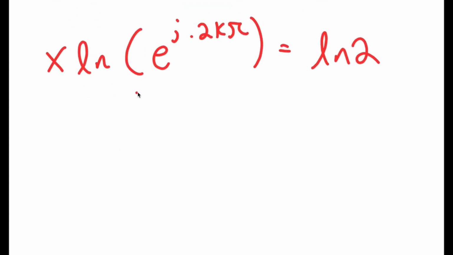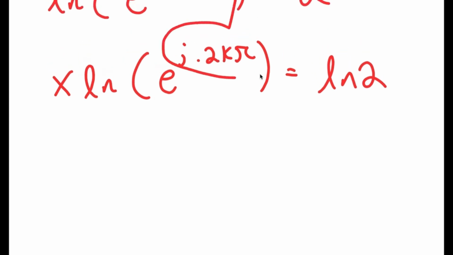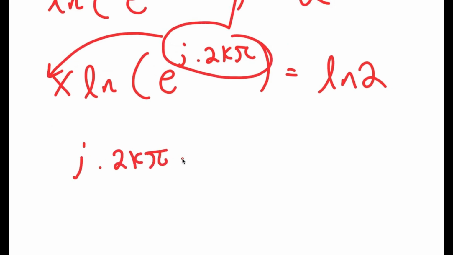And now I can also move i times 2k pi to the front. So I have i times 2k pi times x times ln e is equal to ln 2.